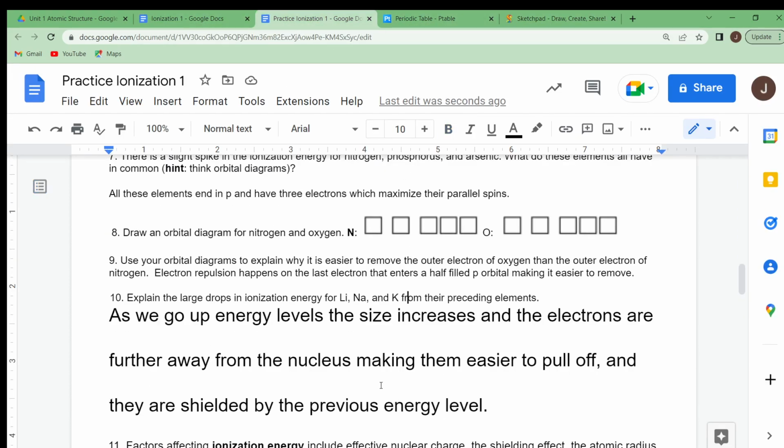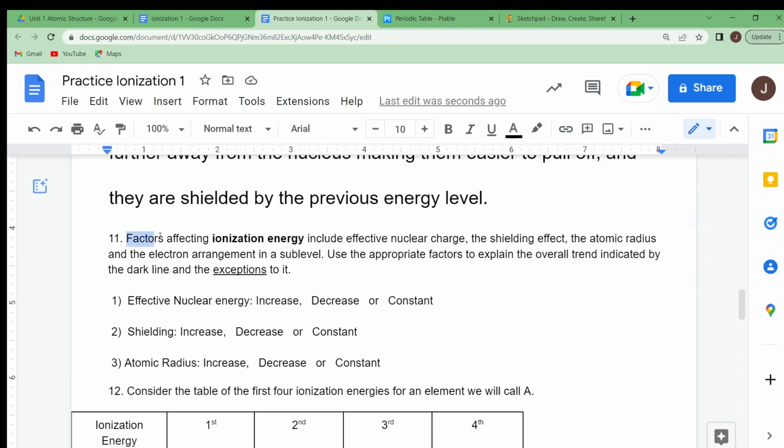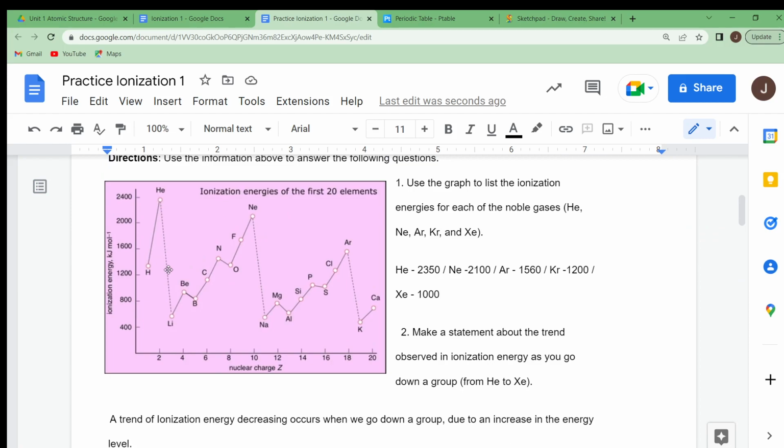All right. Now, we're going to move on to the second page, which is 11. Okay, and 11 again is asking for factors affecting ionization energy. Use the appropriate factors. Essentially, it's asking what's going on with our general line right here, okay?